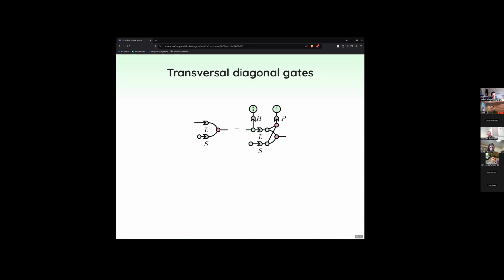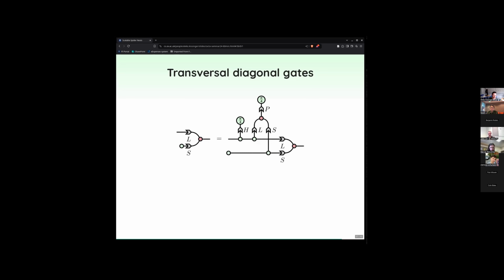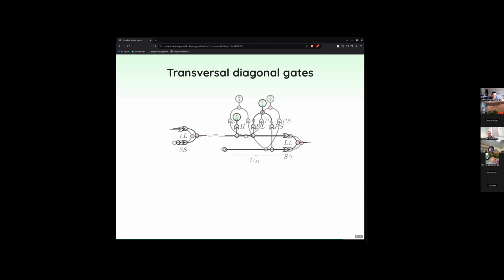So I can push P to the left. Here I'm using ZX-calculus. That first step is just strong complementarity. Then I can use some scalable rules. And I just keep pushing this thing to the left until I get to something like this.